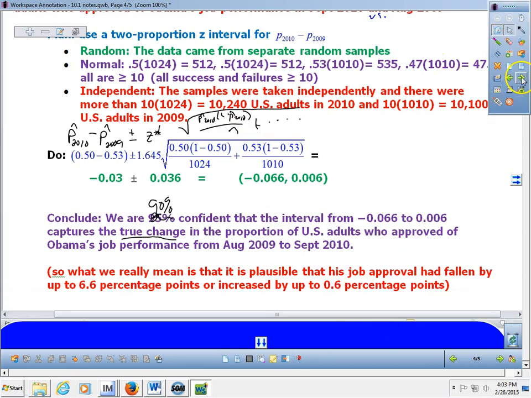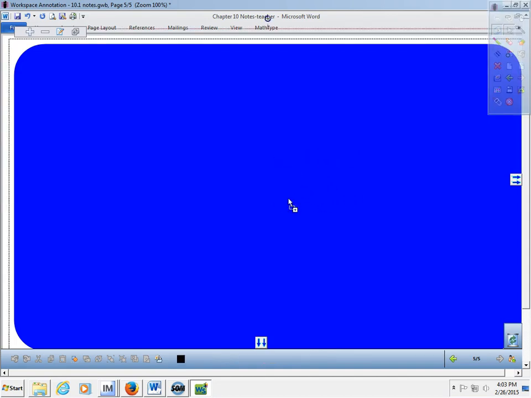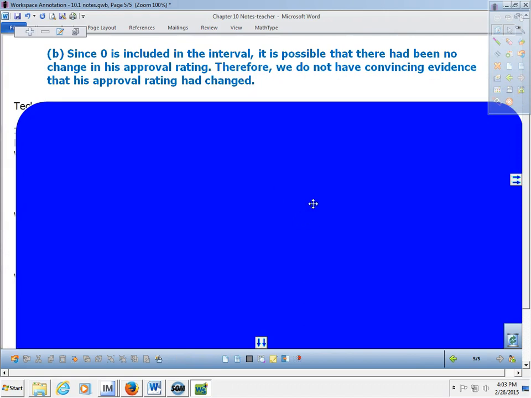Okay. All right. To answer our last question, question C, which was based on your interval, is there convincing evidence that Obama's job approval rating has changed? Right? Well, now 0 is included in the interval. And if his approval rating hadn't changed, then when you take the difference from 2009 to 2010, the difference would just be 0.